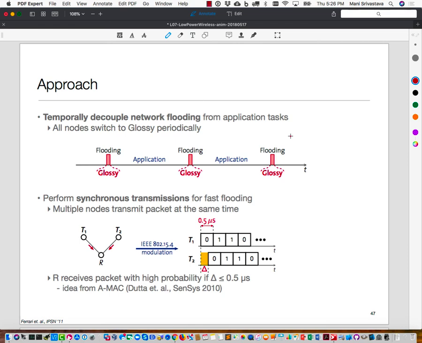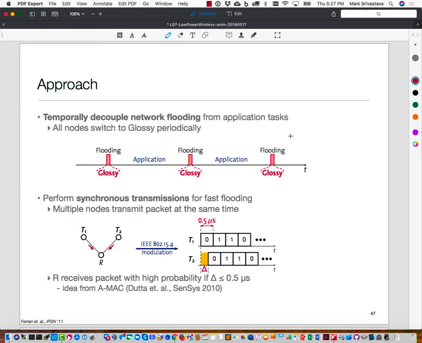If my radio is many megabits per second, again I can't do this, because that delay differential will translate into a difference of more than a bit. But if I have relatively slow rate radios like Bluetooth, and relatively local nearby networks, since we are not looking at long range, then I can have this property that if T1 and T2 are sending packets at the same time, then R can still receive it.